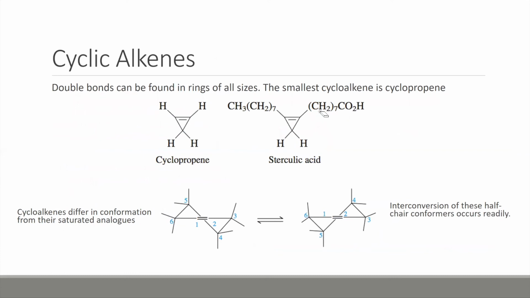What about double bonds in rings? Double bonds can be found in rings of all sizes, with the smallest example being a cyclopropene. These double bonds are named just as we talked about before. You can still grant cis and trans isomerization to a double bond within a ring.